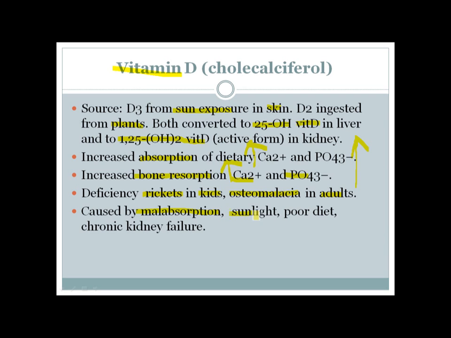Decreased or poor sunlight may lead to decreased endogenous production of vitamin D. A poor diet that contains less vitamin D can also lead to it. And chronic kidney disease, because the active form of vitamin D is formed inside the kidney. So if there is kidney damage, the kidney can no longer produce a sufficient amount of vitamin D, which leads to vitamin D deficiency.